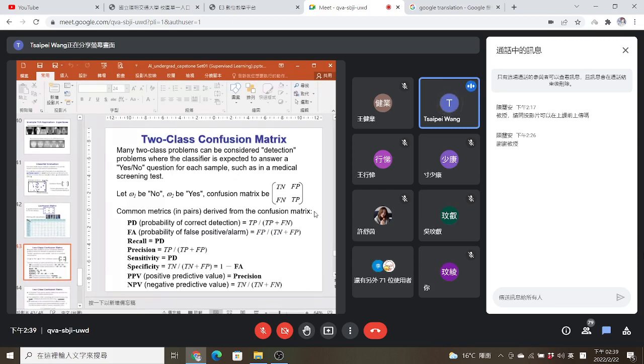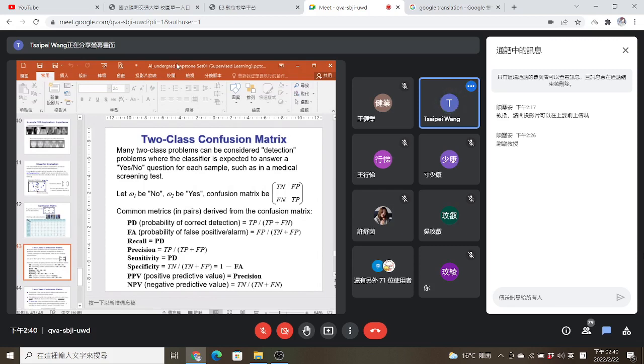Usually for really multi-class problems, it's best to present the whole confusion matrix. However, a lot of classification problems are basically 2-class problems with the characteristic of a yes-no problem, where you want to decide whether something is present or something has occurred.